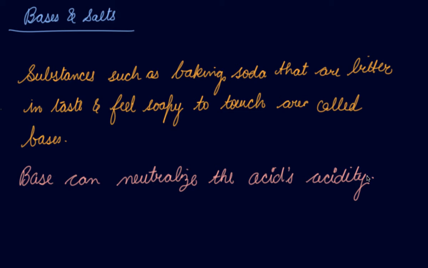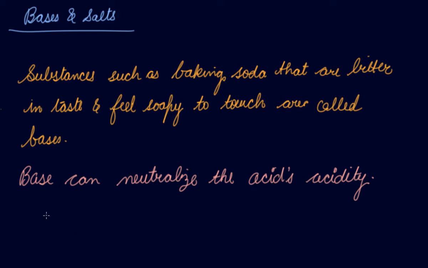Now what is that Eno? What is the substance that is under that Eno? That is base. Because base can neutralize an acid's acidity. When people suffer from acidity in the stomach, they take an antacid. Antacids are bases. They neutralize the acid in the stomach.